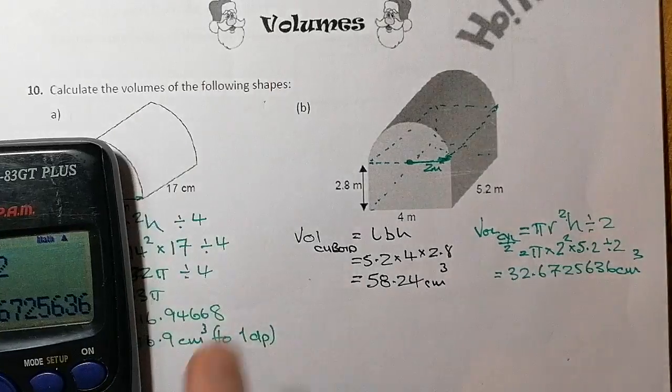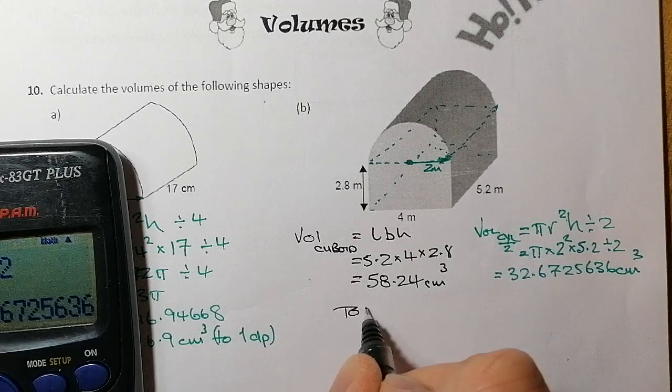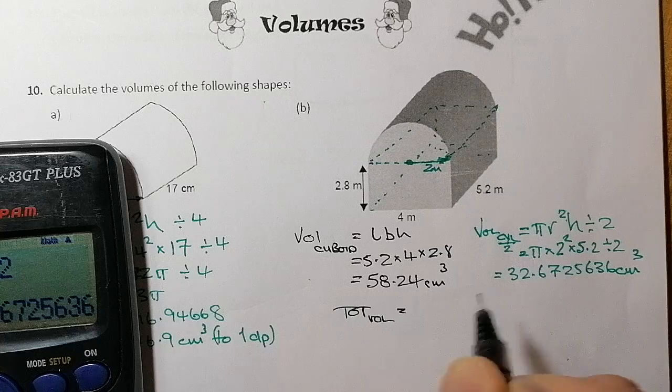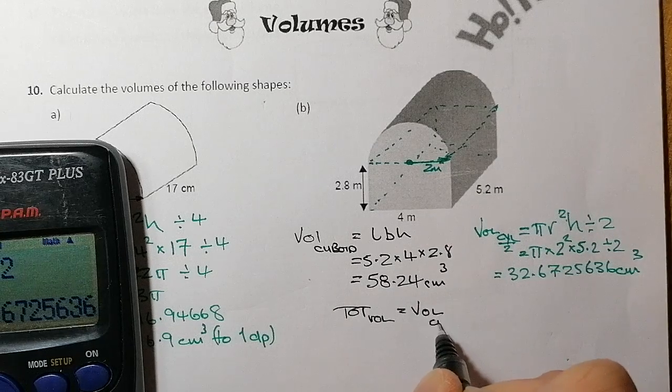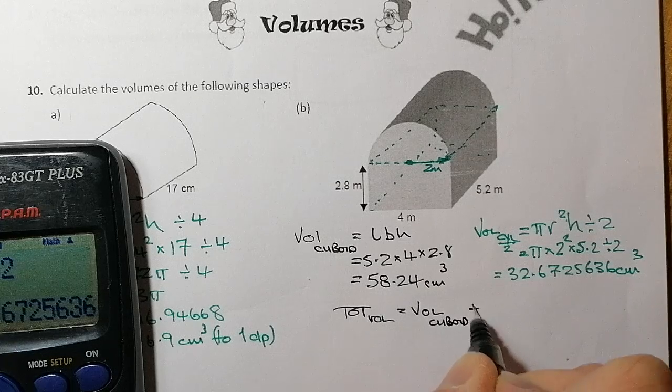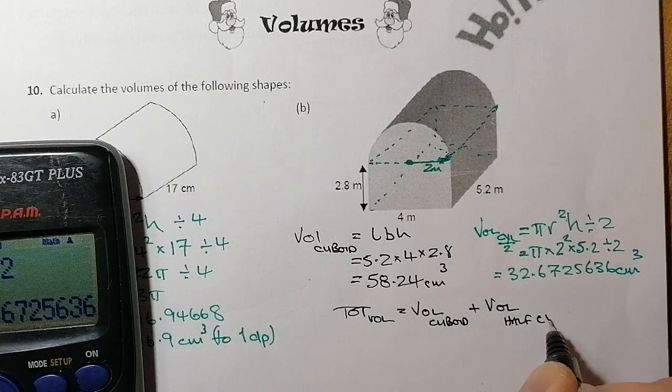So for the total shape, it's the total shape that I'm really after. So the total volume is going to be equal to the two of these added together. So that would be the volume of the cuboid plus the volume of the half cylinder.